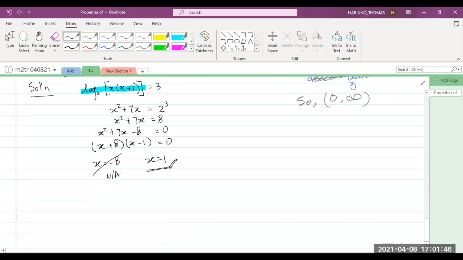If you have no more questions, let me pick more questions then. Let's take a look at number 31. Solve log of x plus 3 equals 1 minus log of x minus 2.